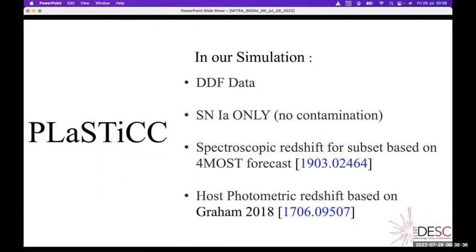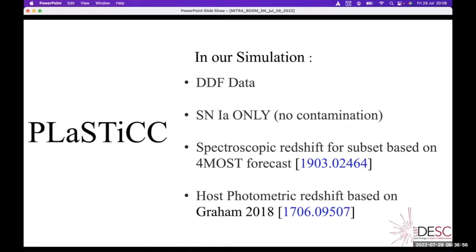We used only supernova 1A without any contaminations. Where we had the spectroscopic redshifts required, we used a subset based on the 4MOST forecast. And the host photometric redshifts were based on Melissa Graham's paper from 2018.